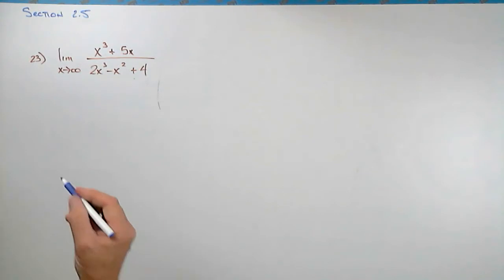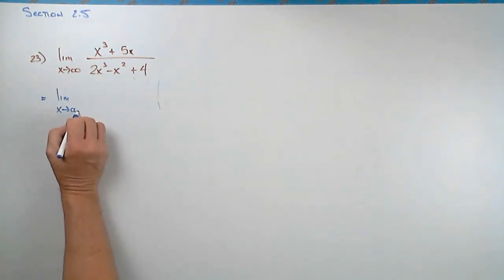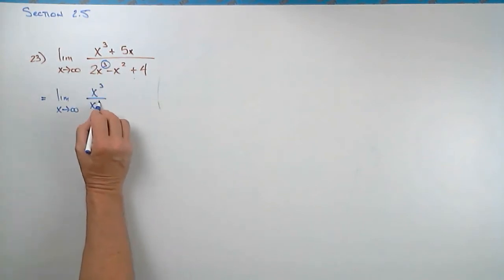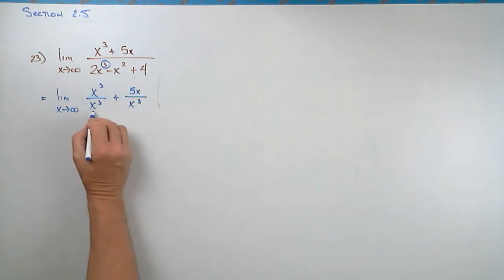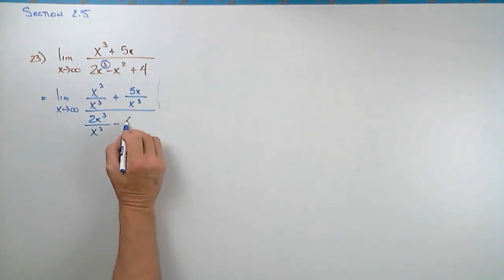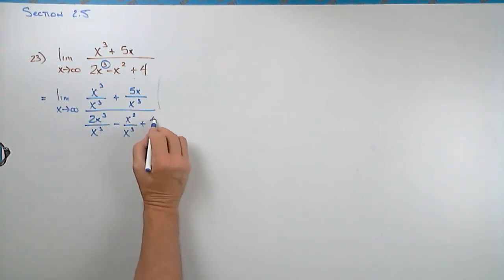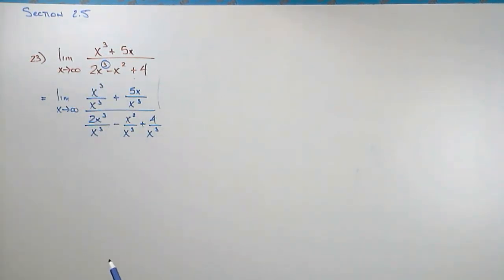So we're going to rewrite this. This is x cubed, so we're going to take x cubed divided by x cubed plus 5x divided by x cubed. Then we get 2x cubed divided by x cubed minus x squared divided by x cubed plus 4 divided by x cubed. So we find the highest power of x in the denominator. We divide every term by that.